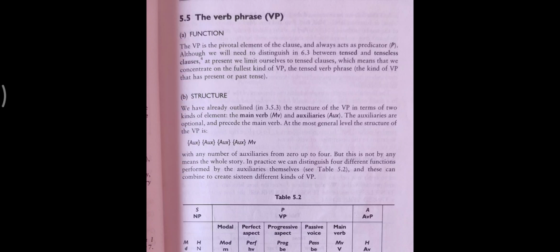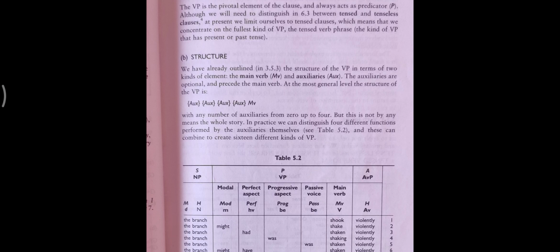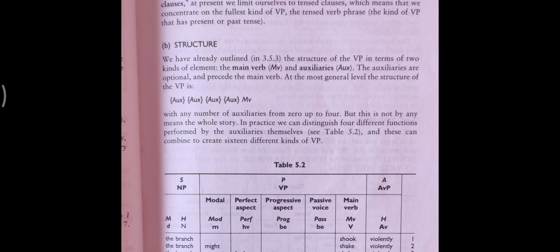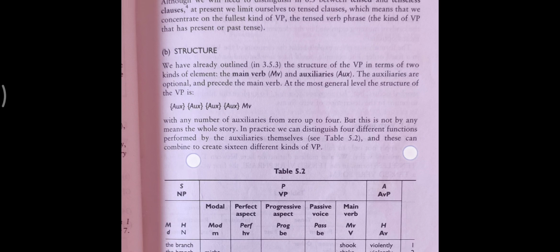Because they express whether the sentence, the word, or the phrase is tensed, with tense, or tenseless, meaning there is no indication of any tense pattern in tenseless words, phrases and clauses. So we need to go through these aspects of the verb phrase.